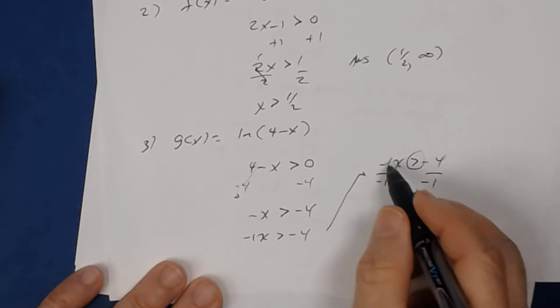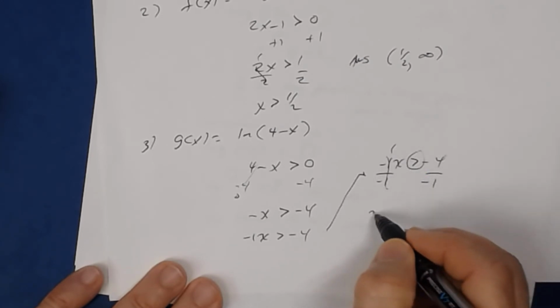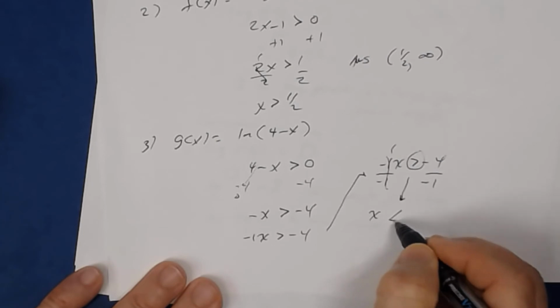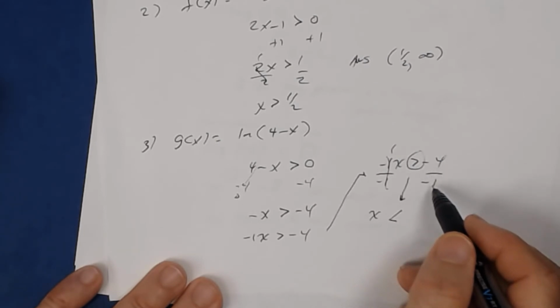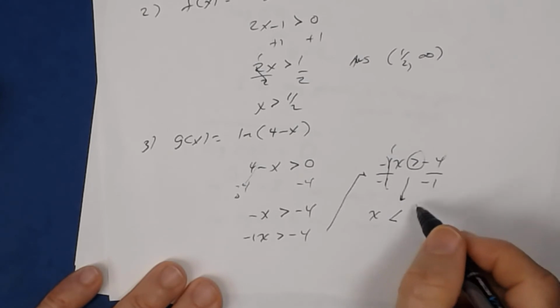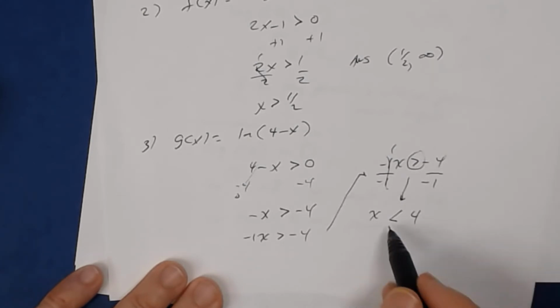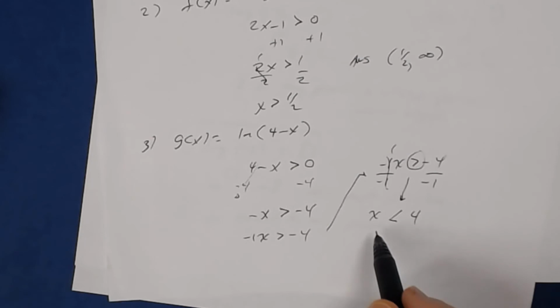So negative 1 divided by negative 1 is 1. 1 times x is x, but x is now going to be less than, and negative 4 divided by negative 1 is a positive 4. So my domain here would be any number less than 4.